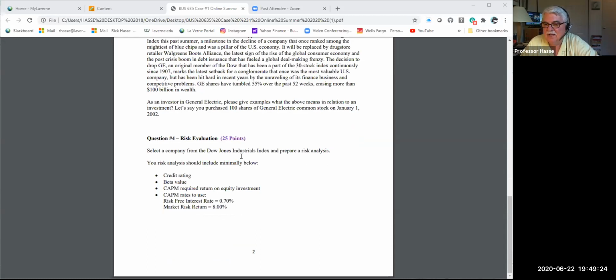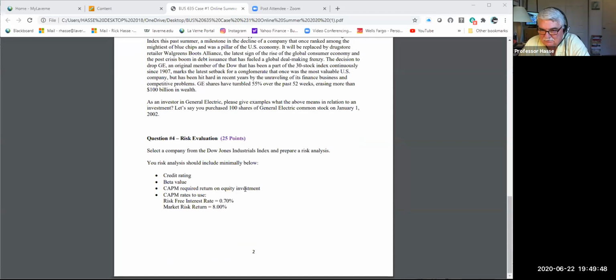You are to go to the Dow Jones Industrial Index, which is 30 companies. You pick one. And I want you to find some things about that company. What is its credit rating? What's their beta? What is their required return on equity investment using the capital asset pricing model?